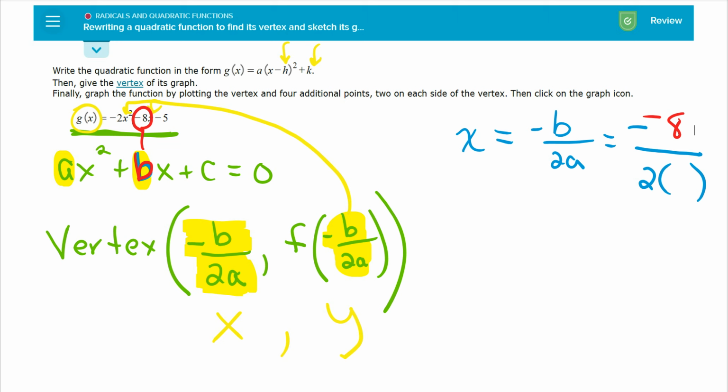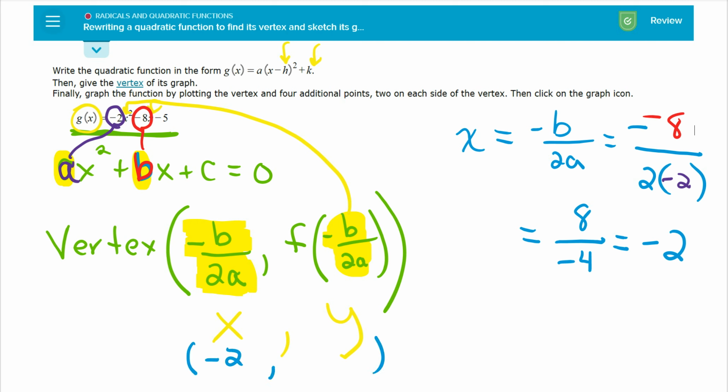And a, which is right here, would be the negative 2. So this is going to be negative 8 is positive 8 over 2 times negative 2 is negative 4, and 8 divided by negative 4 is negative 2. So my x coordinate of my vertex is negative 2, and I just need to find my y now.